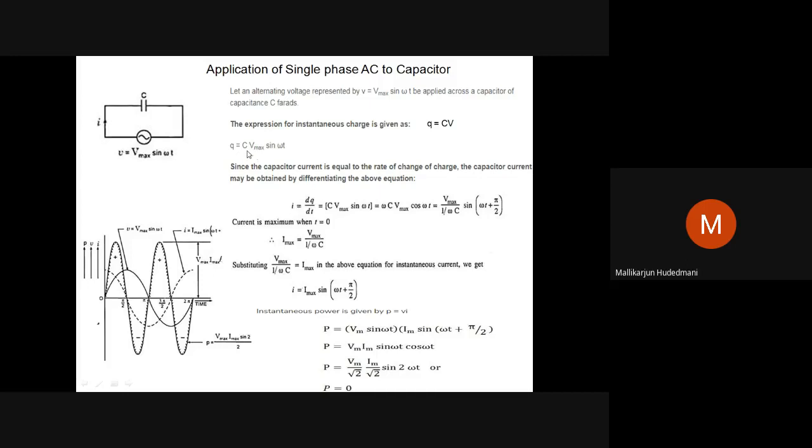So I will differentiate C Vmax sin omega t with time t. If I differentiate, sin omega t becomes cos omega t and omega comes outside. I get omega C Vm cos omega t.